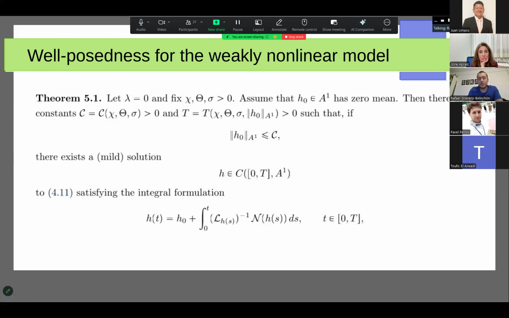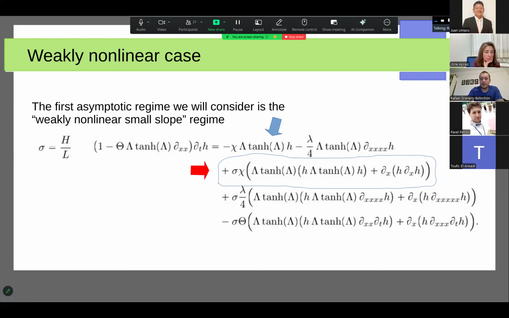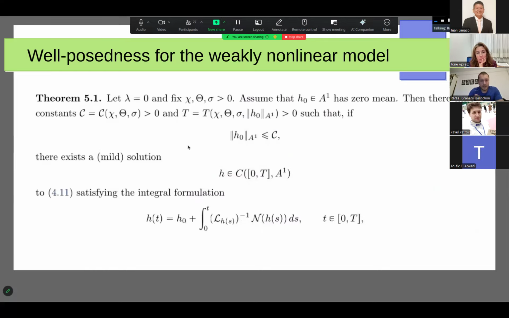If lambda is equal to 0, this guy right here disappears, so there is no fifth order contribution. It doesn't matter, and we have a theorem for lambda which is not 0. Let me do this theorem first. I will try to sketch the proof, and then I will present the statement for lambda different than 0.